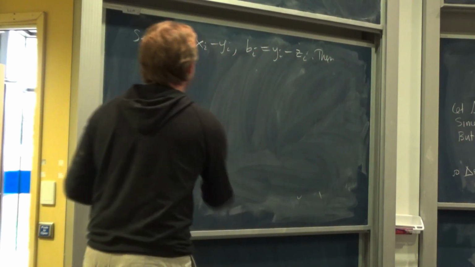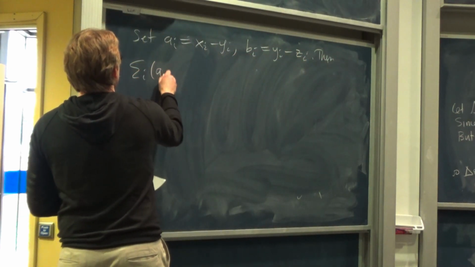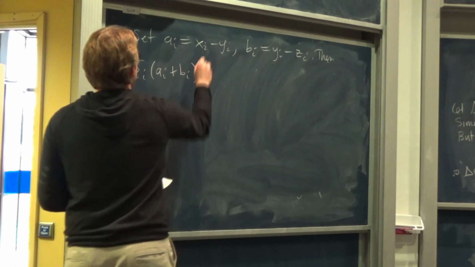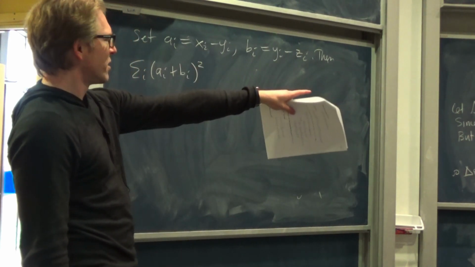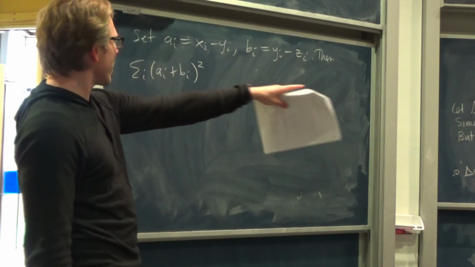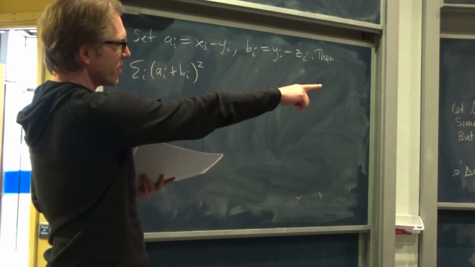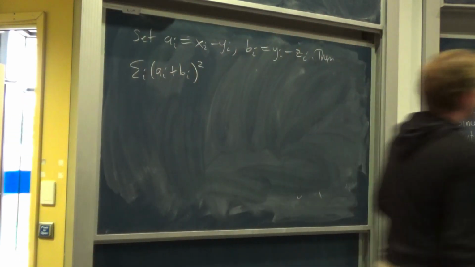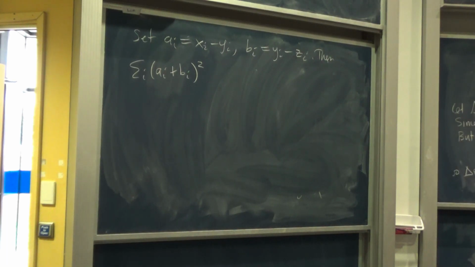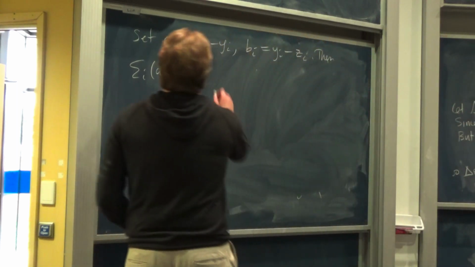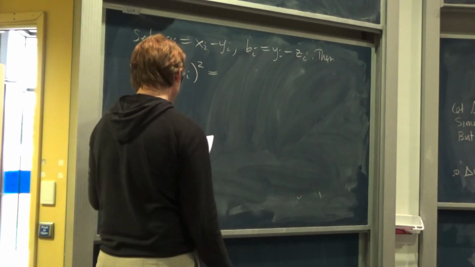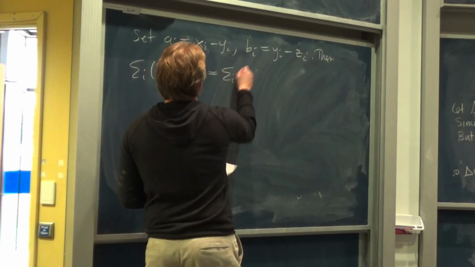Then, okay, so that's the thing which is inside, right? ai plus bi is xi minus zi, if that's readable. So what I've just written is the stuff inside the square root over there. Okay, so expanding that out.